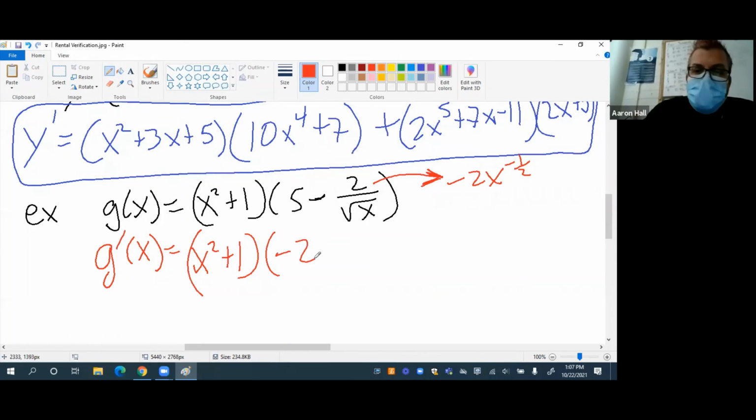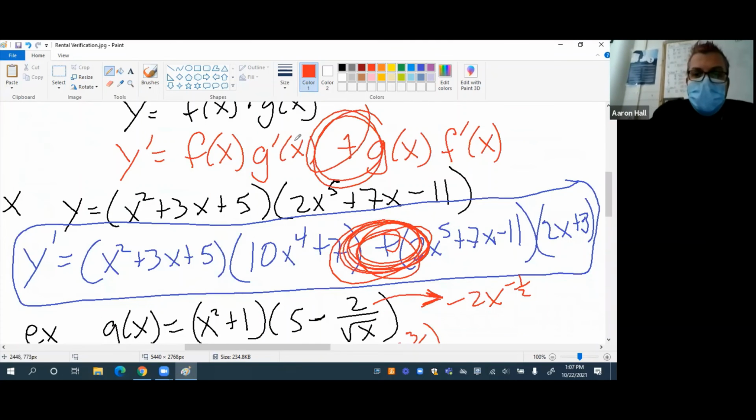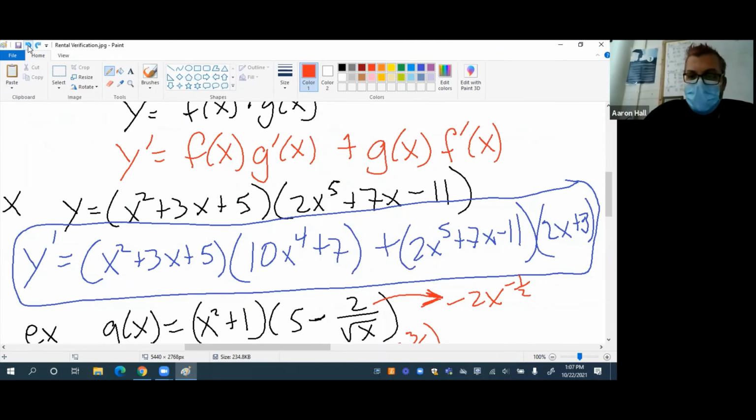Using our power rule, I have negative 2 times negative 1/2 times x to the power of negative 3/2. Are we done? We don't need to simplify, not with free response. Are we done then? What about this part? We skipped an entire part.